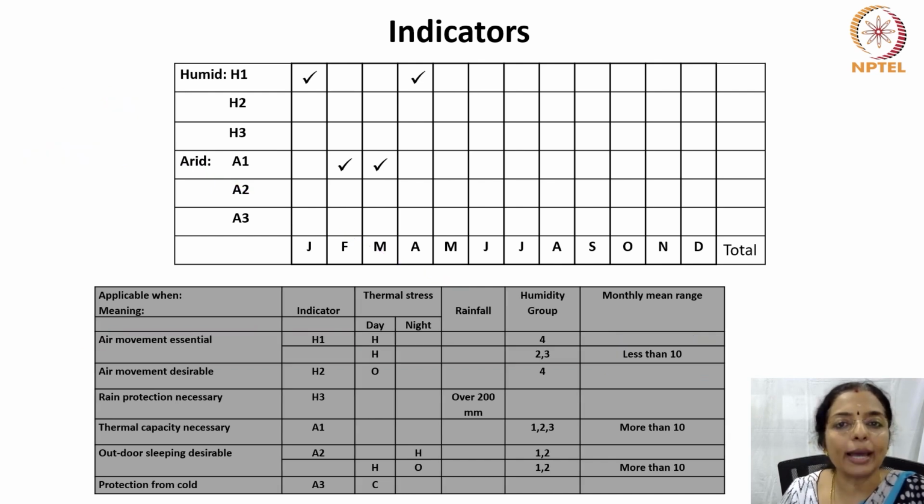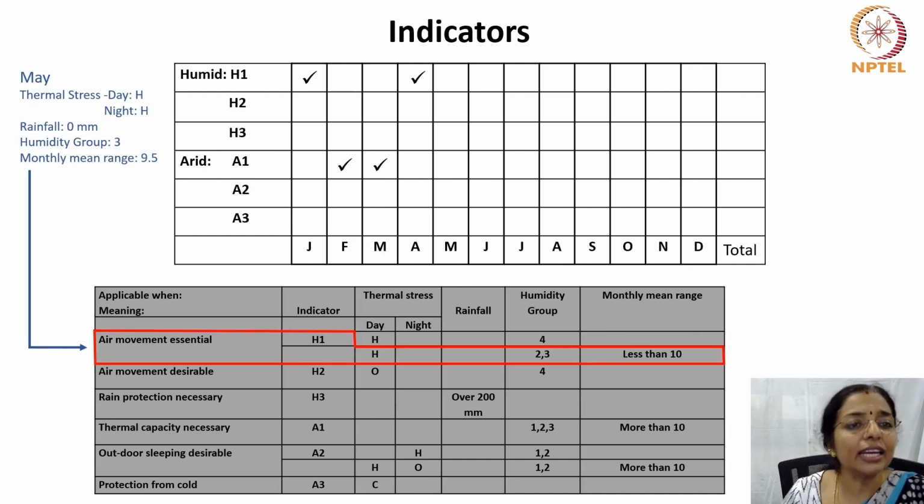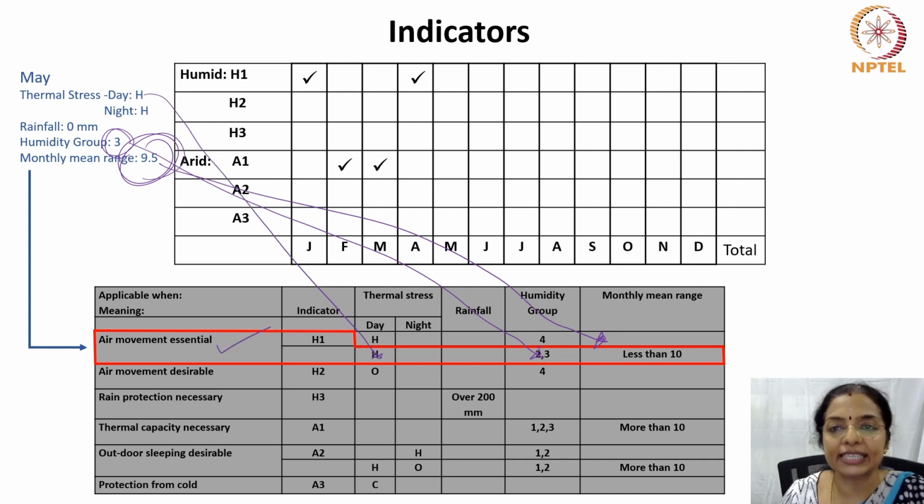What happens in May? In May again, if you see, monthly mean range is less than 10. Humidity group is 3. Day is H. So only this fits the bill and therefore air movement is essential.